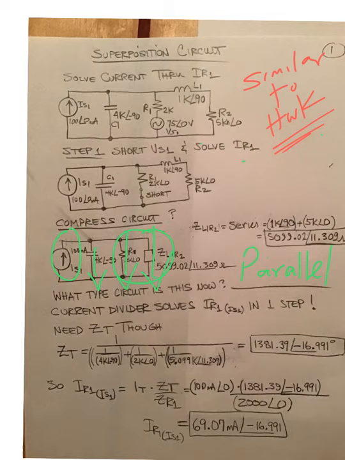So the biggest challenge is going to go out here and calculate ZT using the 1 over formula because you have more than 2 impedances. So we compute 1 over ZT to be 1381.39 at minus 16 degrees here, and we set up a quick current divider.